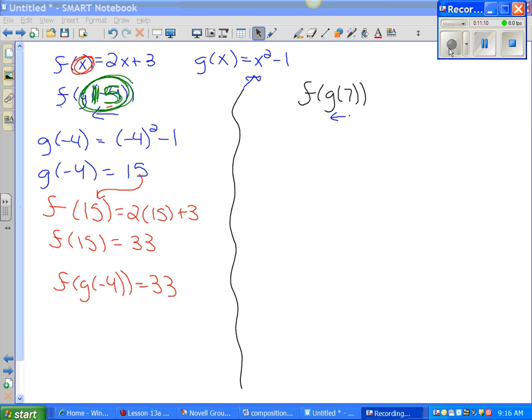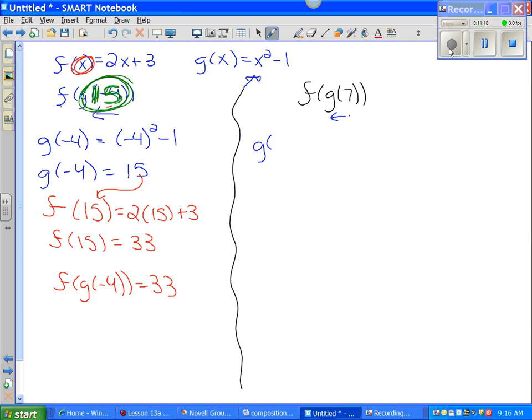Okay, guys, let's talk about it. Ready? Again, we're working right to left. So first step is to find g of 7. Take our g of x and plug in that 7. And you got what? 48. Awesome. What do we do with the 48?